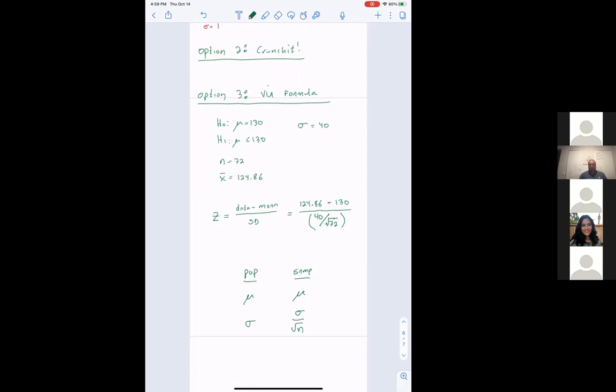Just so I know I'm not being completely delusional. But when we have a sample, we don't just do sigma, we do sigma over the square root of n. So when I do 124.86 minus 130 and divide that by 40 divided by the square root of 72, what do you think I get?